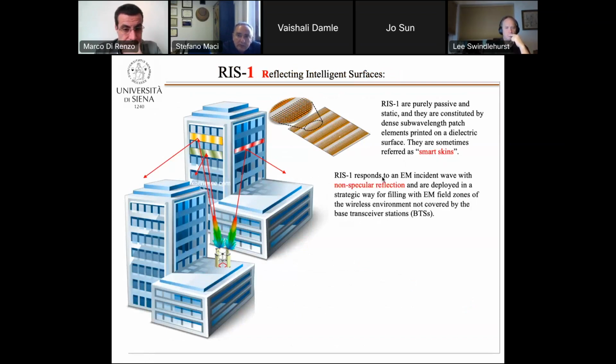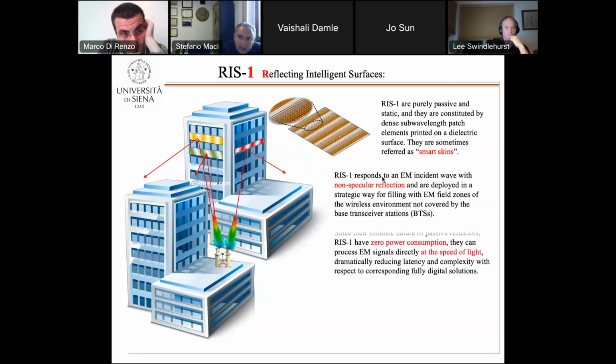RIS-1 responds to the electromagnetic incident wave with a non-specular reflection, something that seems to violate one of the most basic and fundamental laws in electromagnetism, which is Snell's law. But they are deployed in a strategic way for filling with field the zones of the wireless environment that are not covered by the base transceiver station, the BTS.